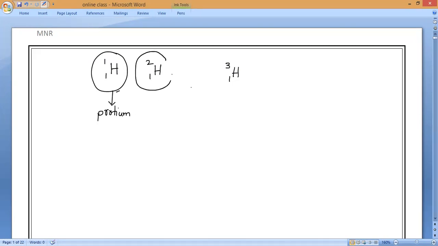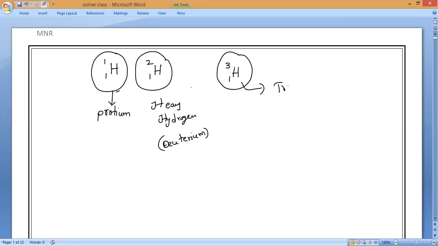And the second one is called heavy hydrogen, or deuterium. And the third one, this is what we call tritium, or we can say it is a radiohydrogen.